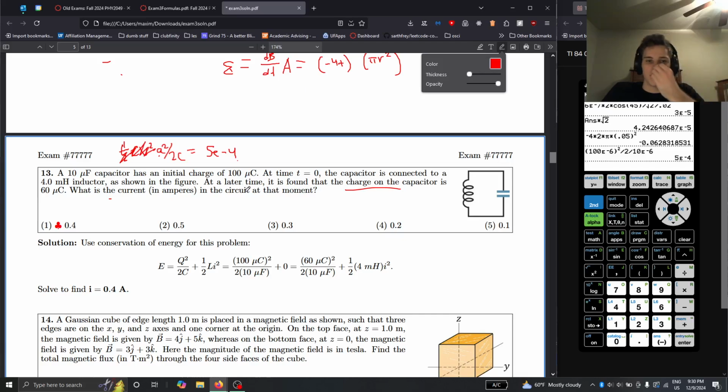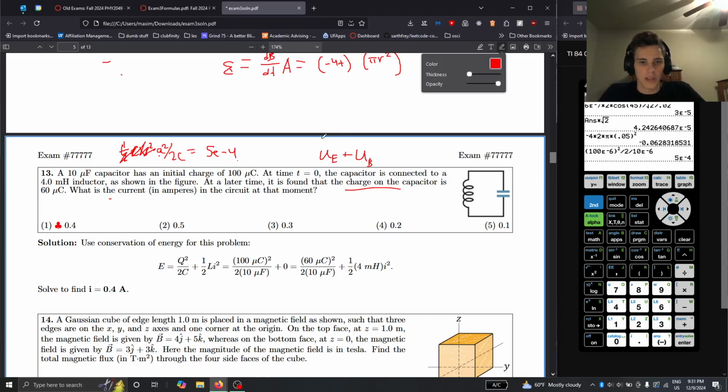At a certain point, remember that we're really adding up the energy of the capacitor plus the energy of the inductor here. Except here, the inductor has nothing in it to start. So now let's calculate this at a certain point into the circuit.